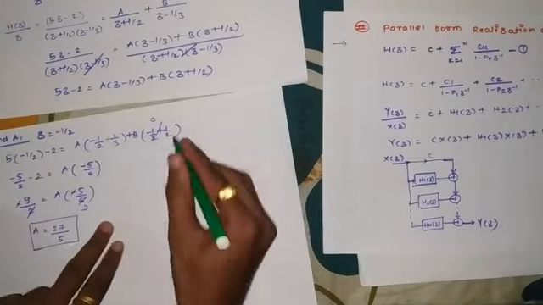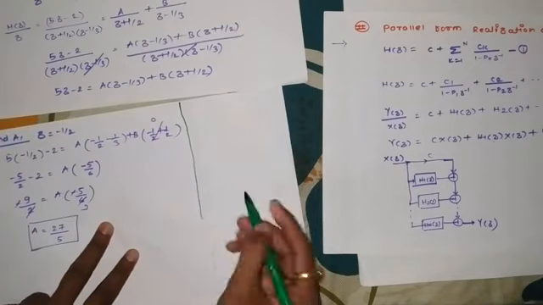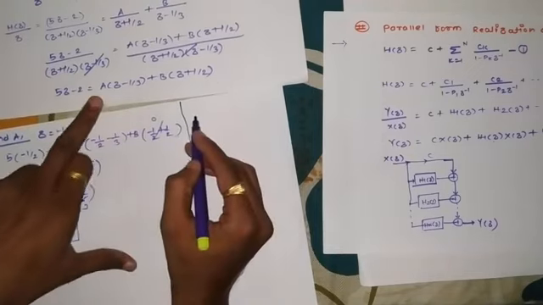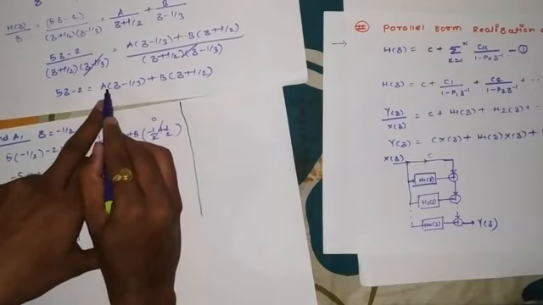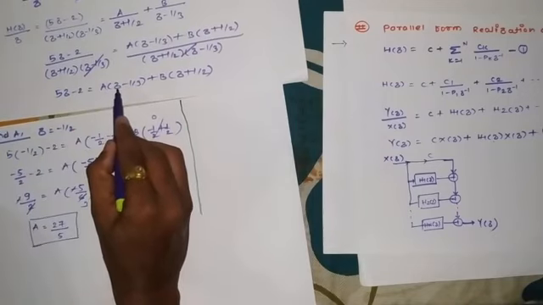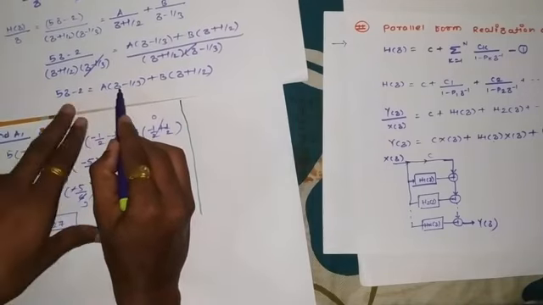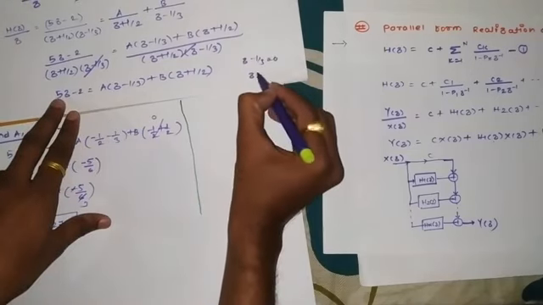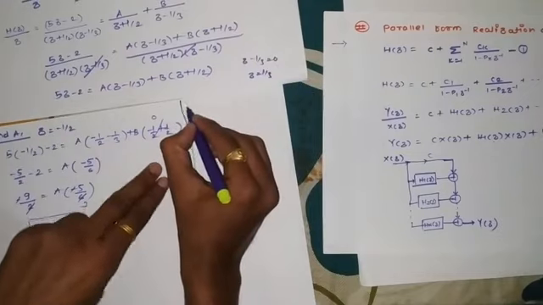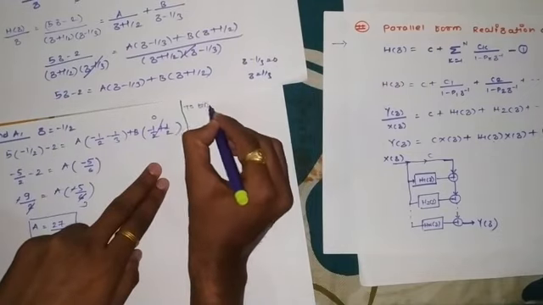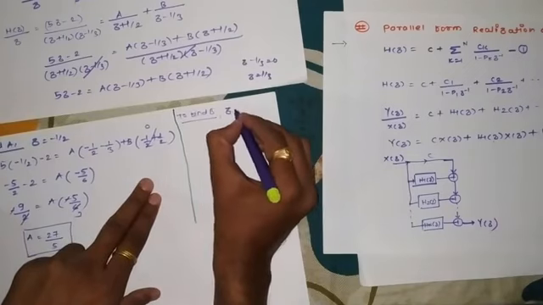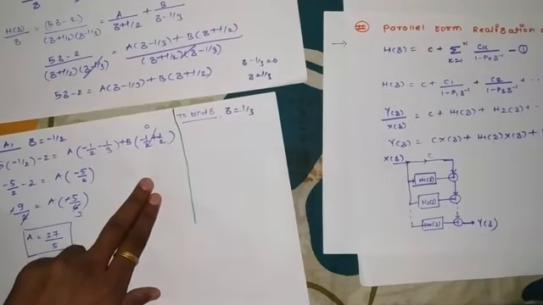Similarly, we'll find B also. Now to find B, A should be 0, and A becomes 0 if and only if z is equal to +1/3. To find this value, you can also equate z - 1/3 to 0, so z becomes +1/3. So to find B, let z be equal to +1/3.